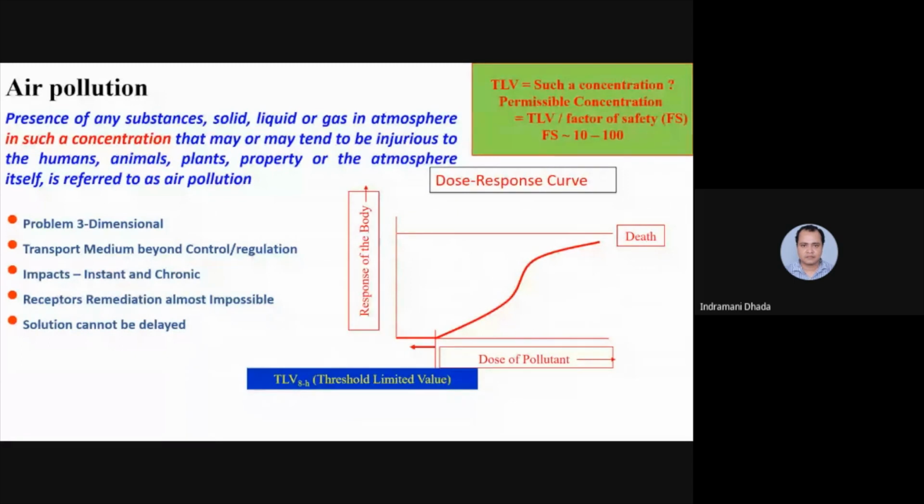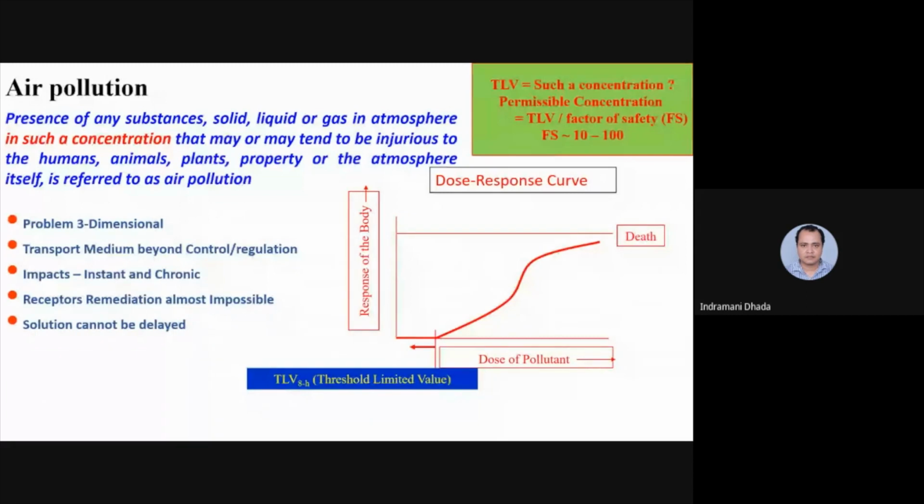The third point is: to whom. For whom are we defining it: humans, animals, plants, property, the atmosphere itself. The pollutant is poisonous to humans, animals, plants, and any kind of property. Suppose the Taj Mahal is a property, and if SOx and NOx are deteriorating the structure, then SOx and NOx are pollutants for this property.